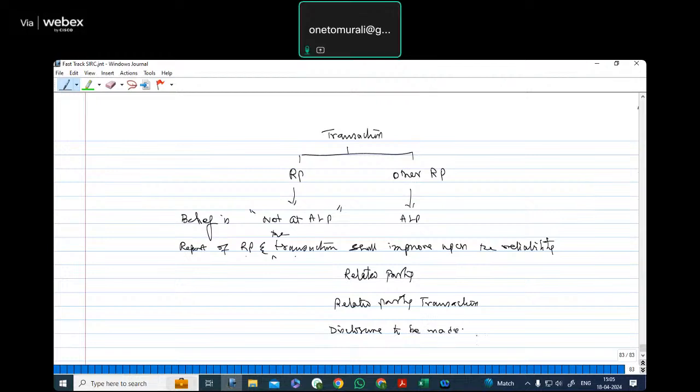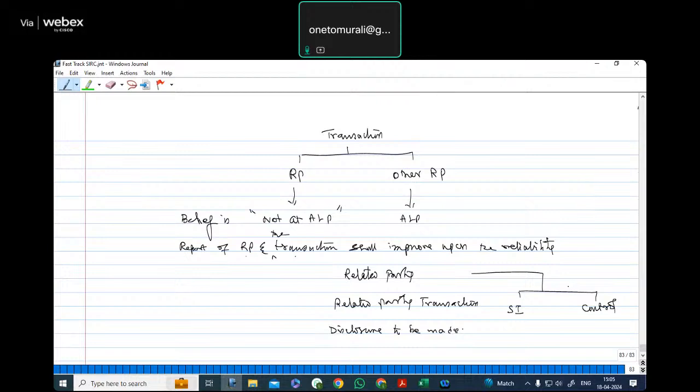So what is a related party? Who is a related party? What is a related party transaction? Disclosure to be made. So all these we are expected to bring about a lot of discussion. Related party comes out of two things. One, through significant influence. The other one, through control. So related party transactions arise out of significant influence, the other one being out of control.